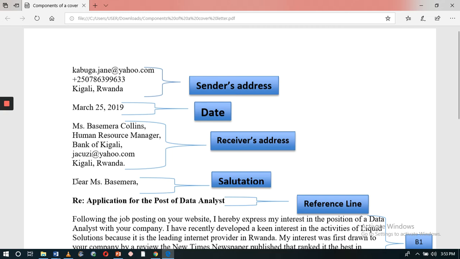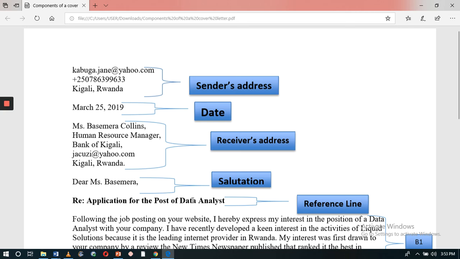Remember, everything in the salutation begins with a capital letter. If the person is a professor or a doctor or a pastor, you can use that abbreviation here when stating their name. So after salutation, the next thing that follows is the reference line.